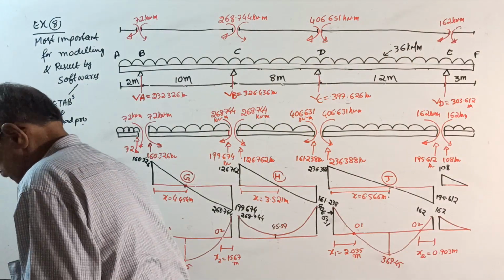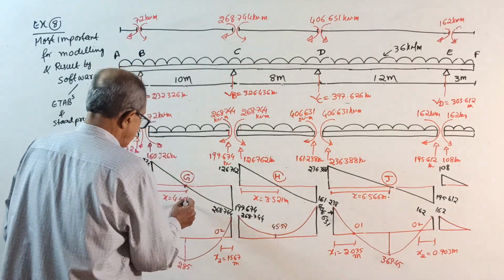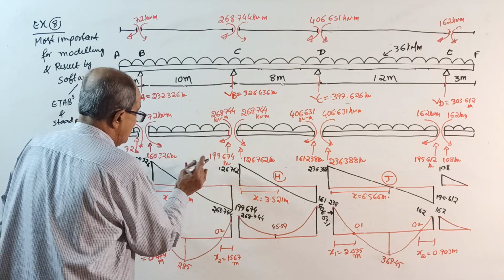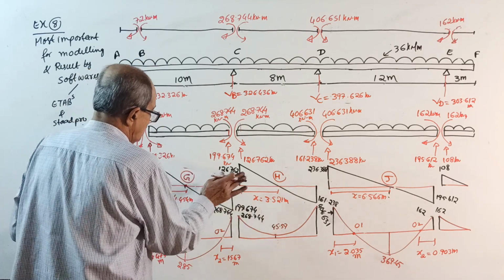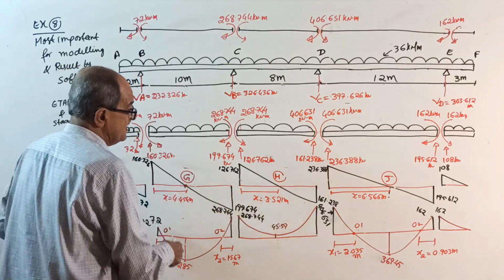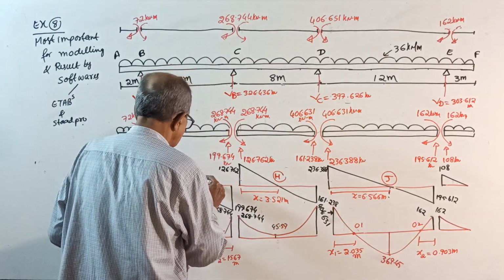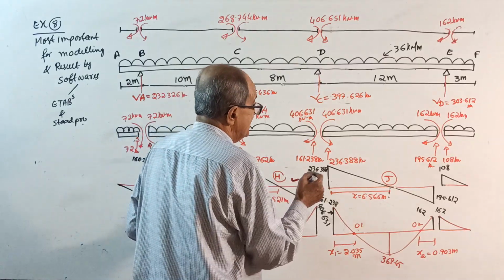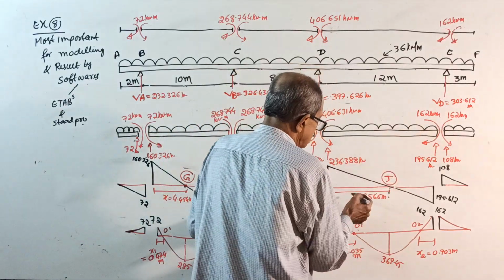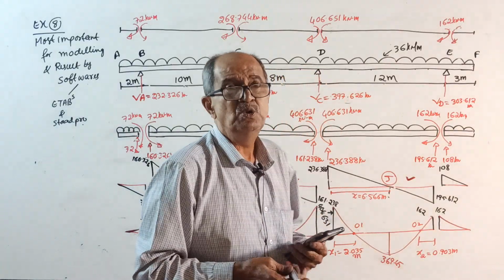Somebody will ask how much distance from this end. If this is x, this will be 10 minus x. Write the distance here. If this is x, 8 minus x, you write that one. If it is 12, subtract x, write this distance. That much you can do.